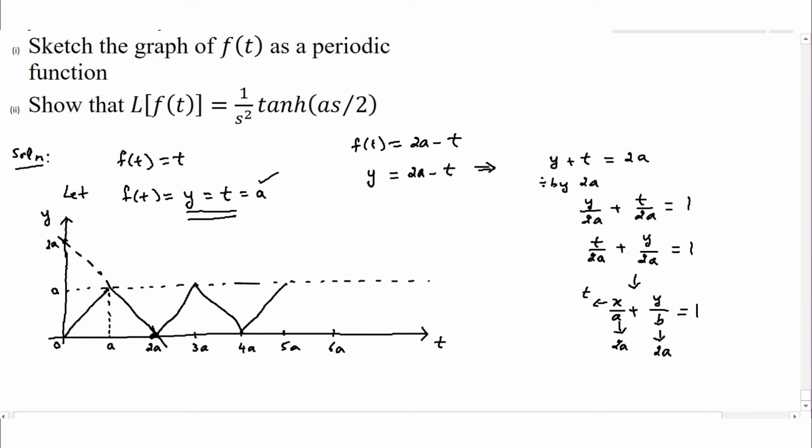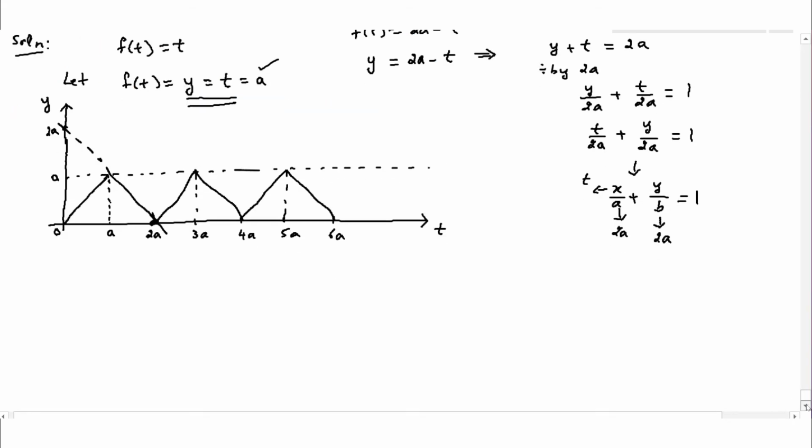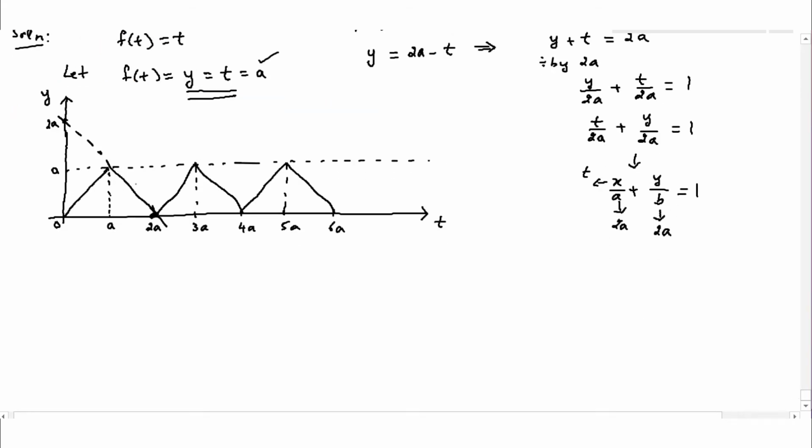The cycle goes on repeating in this way. So this is how you can sketch the graph for f of t is equal to t and f of t is equal to 2a minus t. Once you have plotted the graph, now we need to find the Laplace transform.